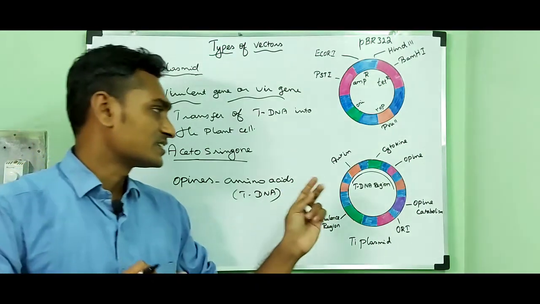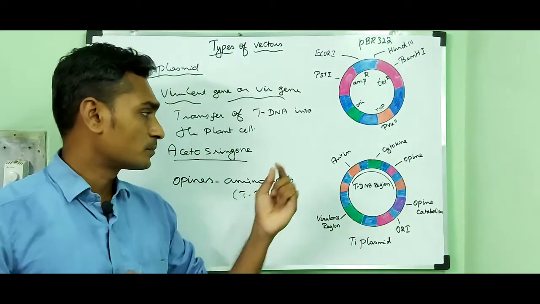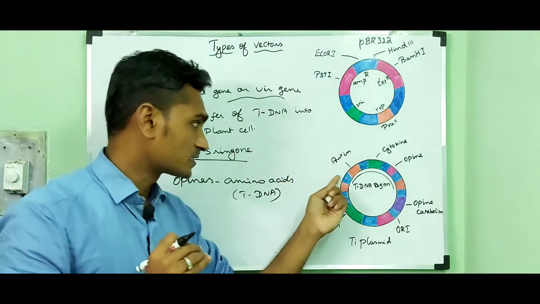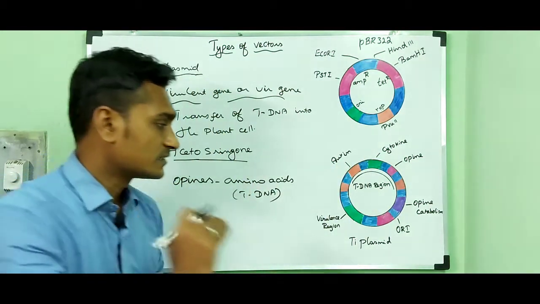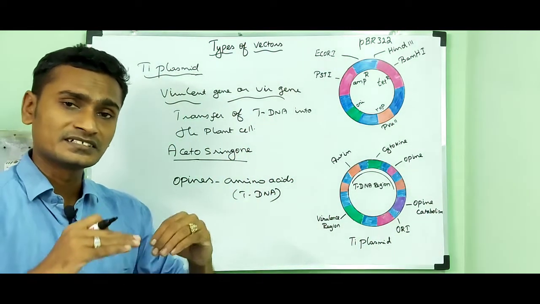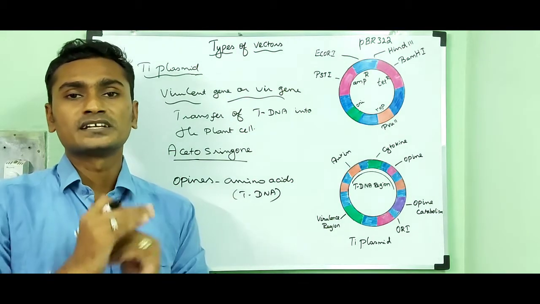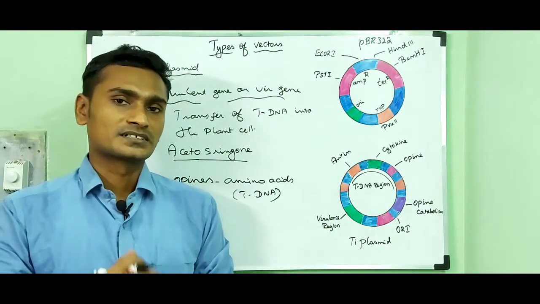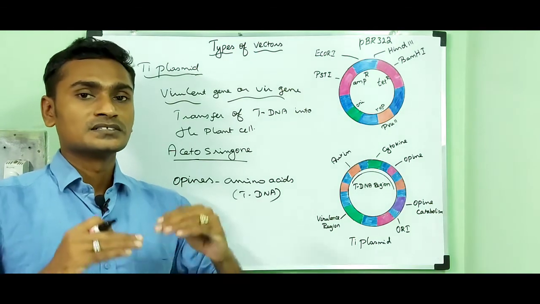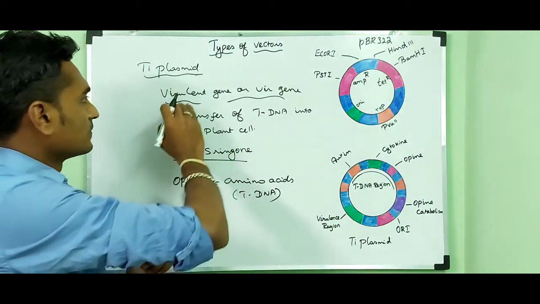That means this plasmid does not require an exogenous supplement of the plant growth hormones auxin and cytokinin, and it contains the ORI site, the origin of replication site, multiple cloning sites, and also selectable markers. So for the transfer of tDNA, it requires the virulent gene.